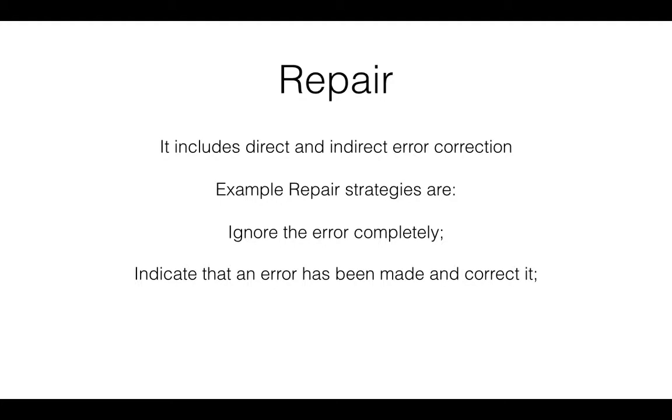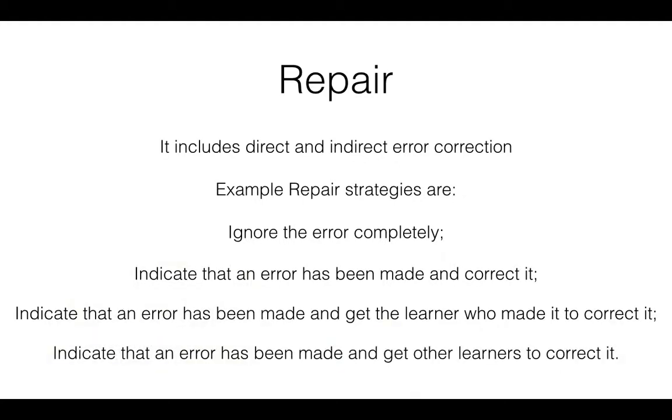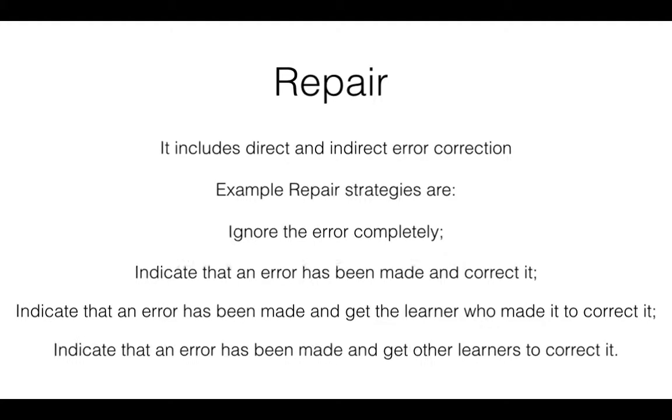Indicate that an error has been made and correct it yourself. Direct. Indicate that an error has been made and get the learner who made it to correct it, via repetition, for example. Other ways: indicate that an error has been made and get other learners to correct it. Peer correction. So these are some of the ways.